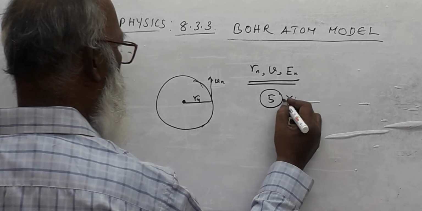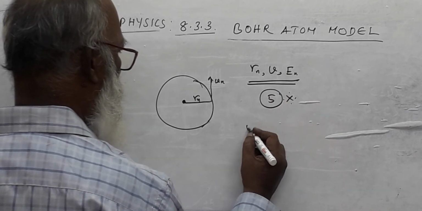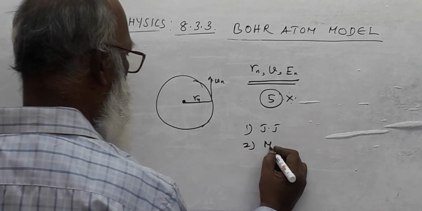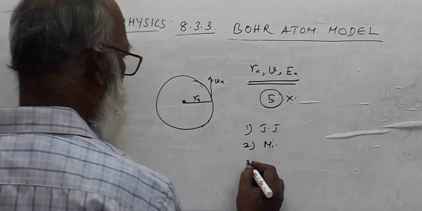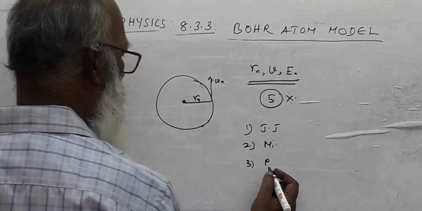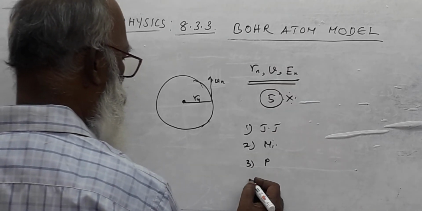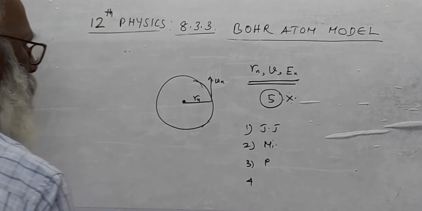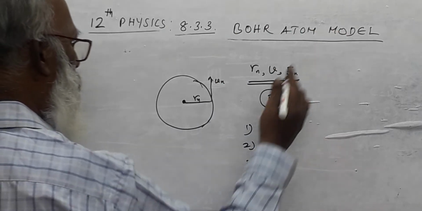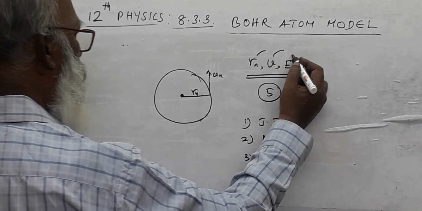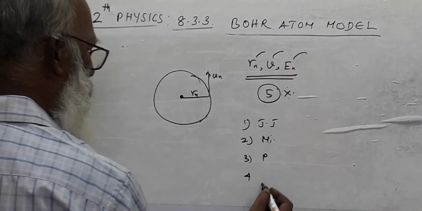That is very important. The first one is J. J. Thomson, the second one is the Millikan experiment, the third one is Bohr's Atom Model, and the fourth one is how to obtain, as per Bohr's Atom Model, the radius of an electron, the velocity of an electron and the energy of this electron.